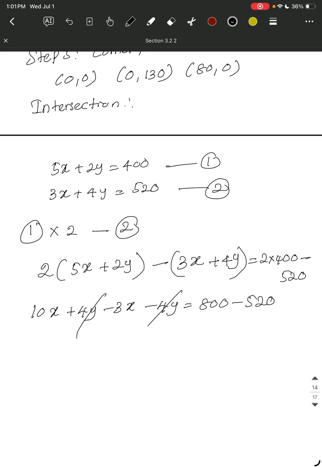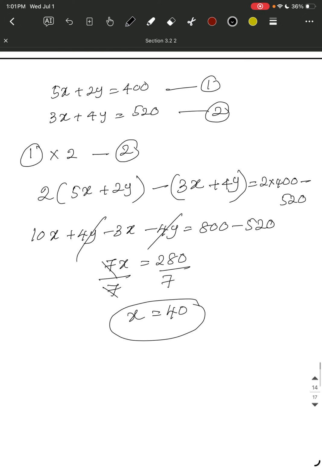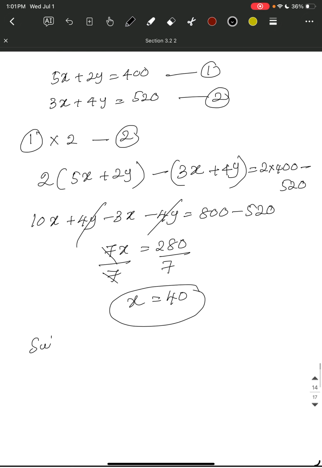Then 10x plus 4y minus 3x minus 4y equals 800 minus 520. So we can cancel this out, then 7x remains on the left side, and on the right side 800 minus 520 is 280. Then divide by 7: x equals 40. Substitute x equals 40 into either equation 1 or 2.